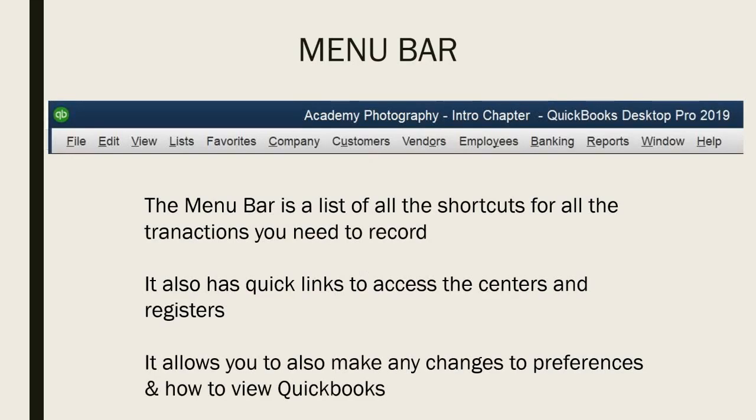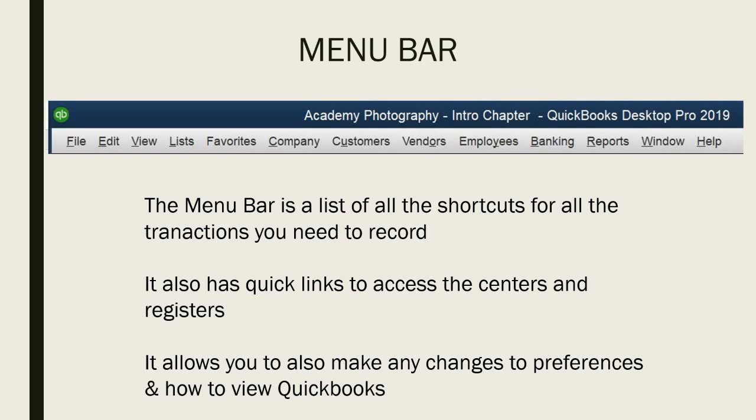At the top of the screen here, right, we have this blue bar. That's your title bar, so you know exactly what file you're in. In this case, this is an example of Academy Photography Intro Chapter 1. That's the title bar, okay? Underneath that, where you see File, Edit, View, List, that's called your menu bar. This is going to list out every single transaction you can think of and more.